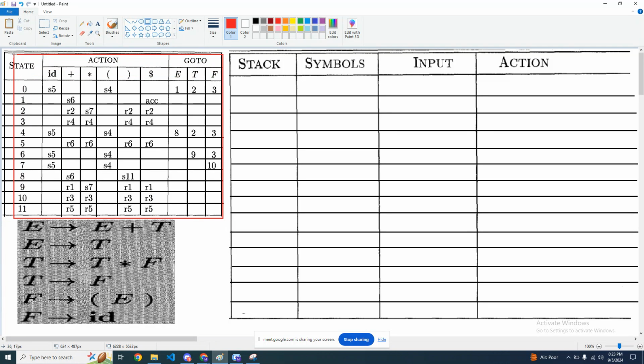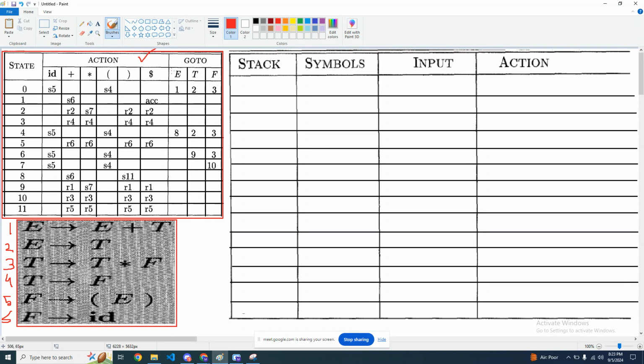You will be given a parsing table like this, and you will also be given a grammar like this. It will be numbered as well. So this is one, this is two, this is three, this is four, this is five, this is six. So all those rules will be numbered as well, and you will be given a complete parsing table, right?